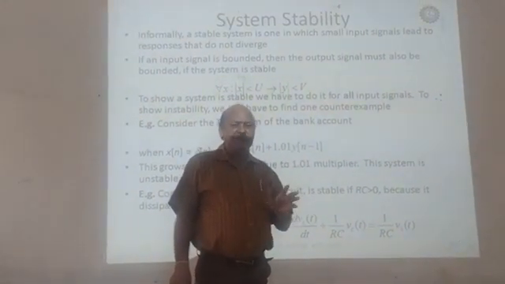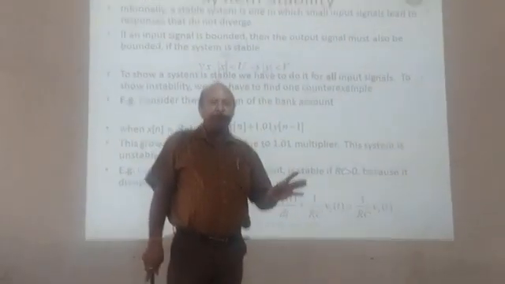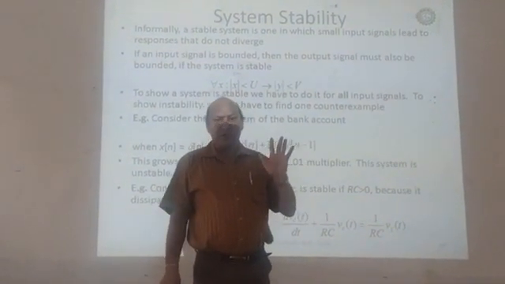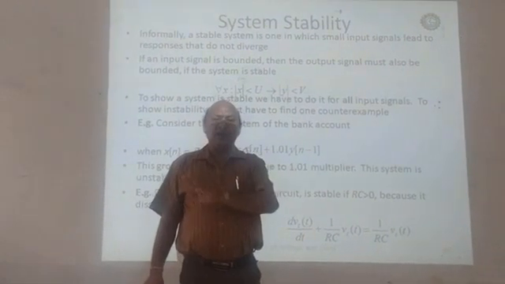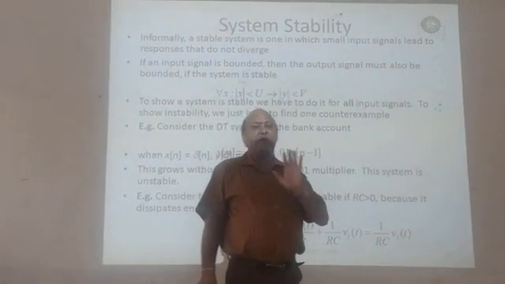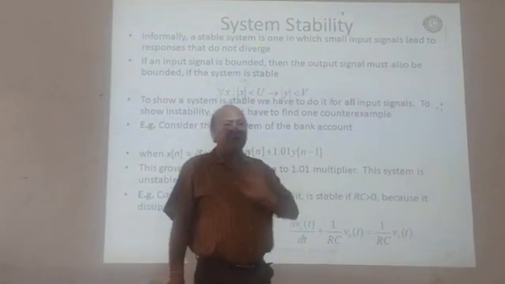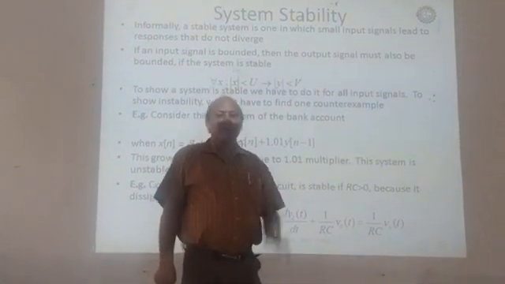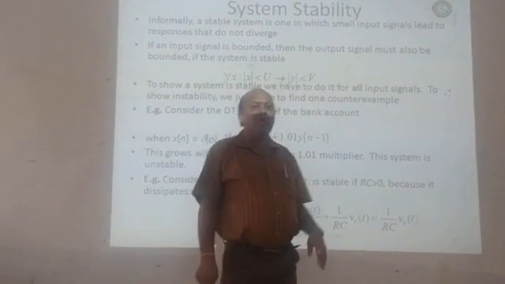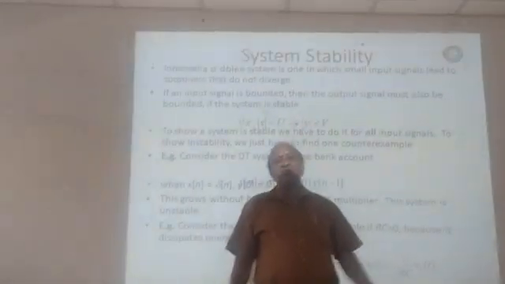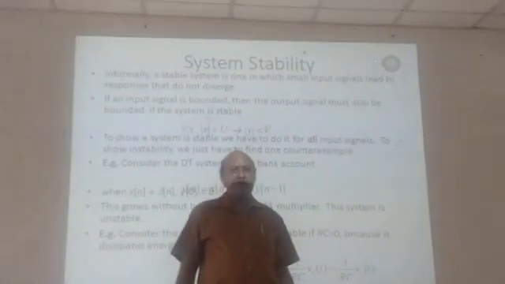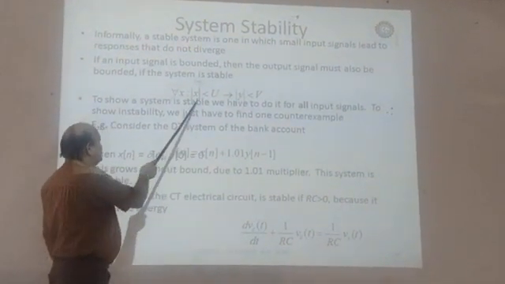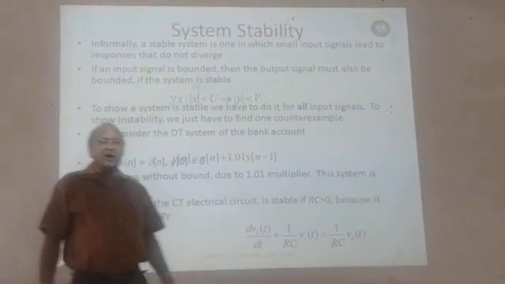For any bounded input, meaning an input within a particular limit only, we must get a bounded output, that is a limited response. This is called a stable system, and we have already derived the condition for BIBO stability.